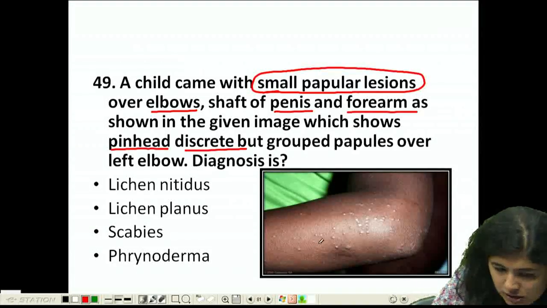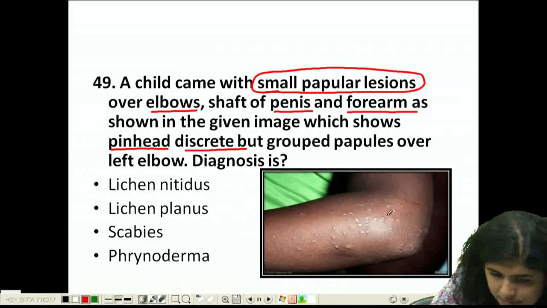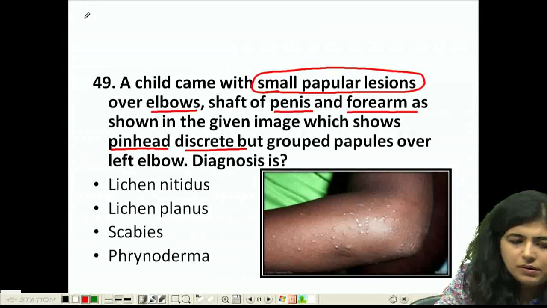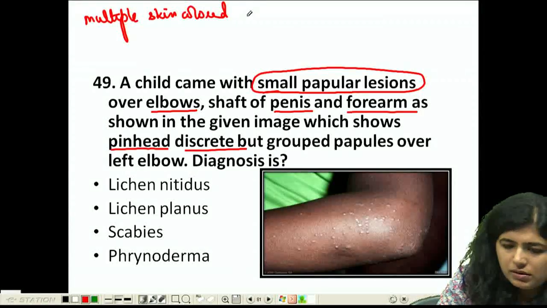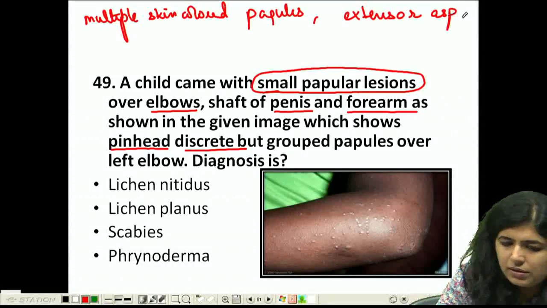What do you see in the image here? Look at the image. What do you see? Multiple skin colored papules on the extensor aspect.